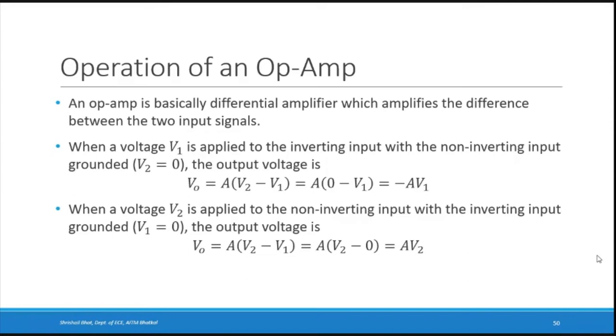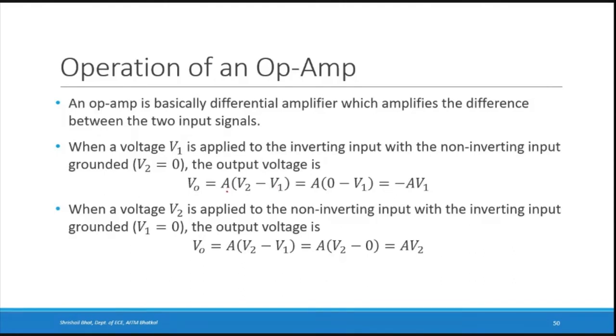So when a voltage V1 is applied to the inverting input with the non-inverting input grounded, then what happens? If the non-inverting input is grounded, it means it is connected to 0 volts. The non-inverting input is V2. If V2 is 0, and if you apply a certain voltage at the inverting input terminal, that is V1, then the output voltage is the amplified version of V2 minus V1, right?